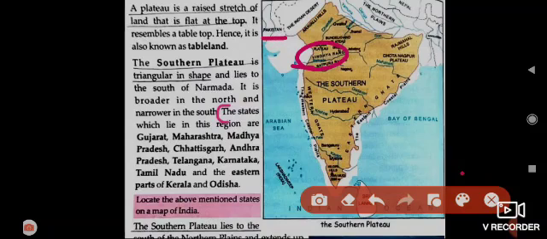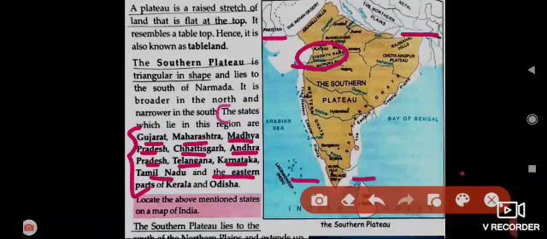The states which lie in this region are Gujarat, Maharashtra, Madhya Pradesh, Chhattisgarh, Andhra Pradesh, Telangana, Karnataka, Tamil Nadu, and the eastern parts of Kerala and Odisha.